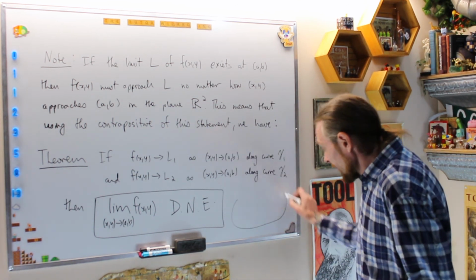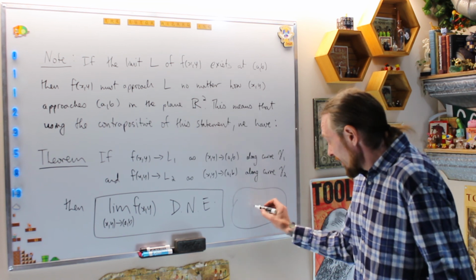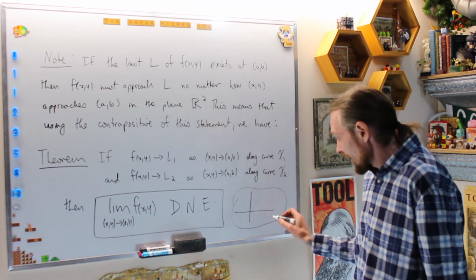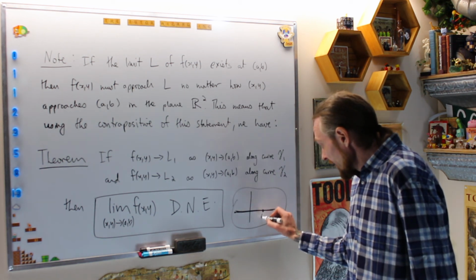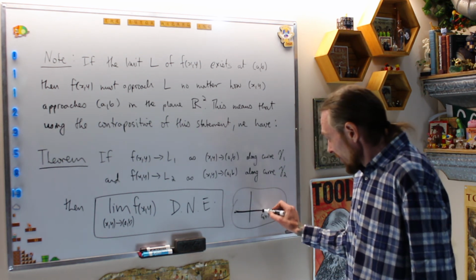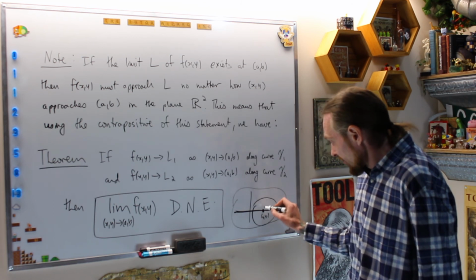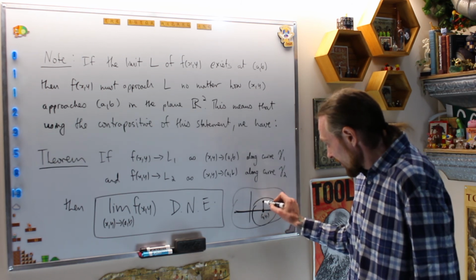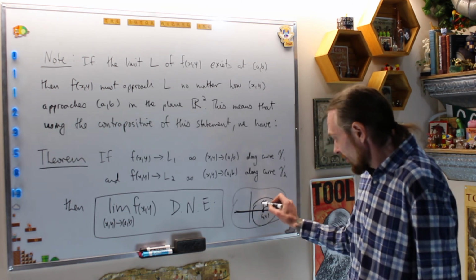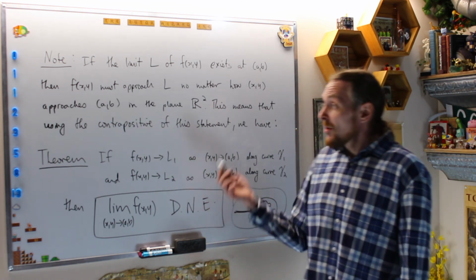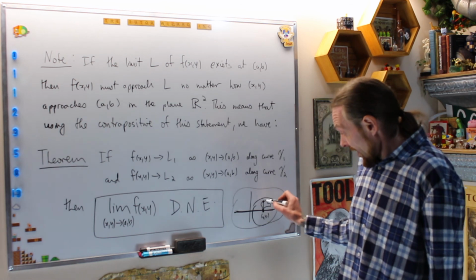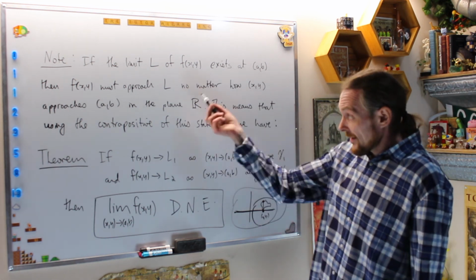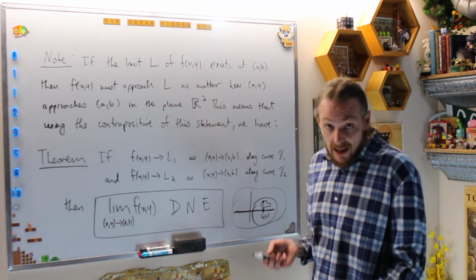We might approach with a straight line or this curve or all kinds of paths, but regardless of how we approach (a, b), this limit must be the same value L.